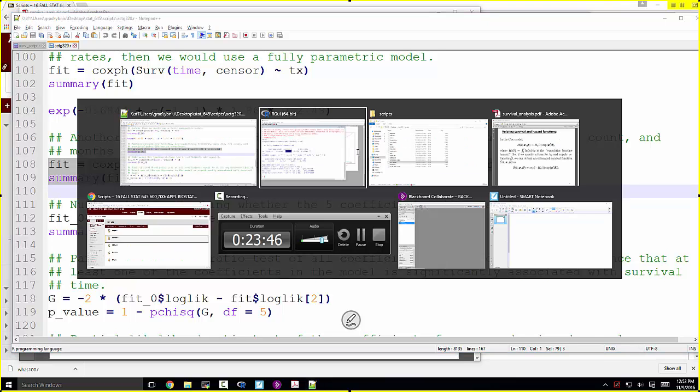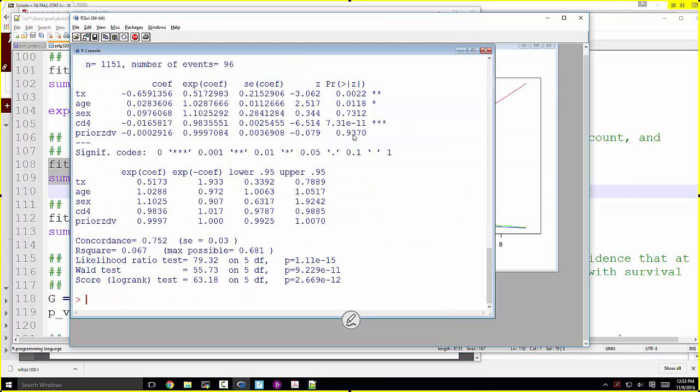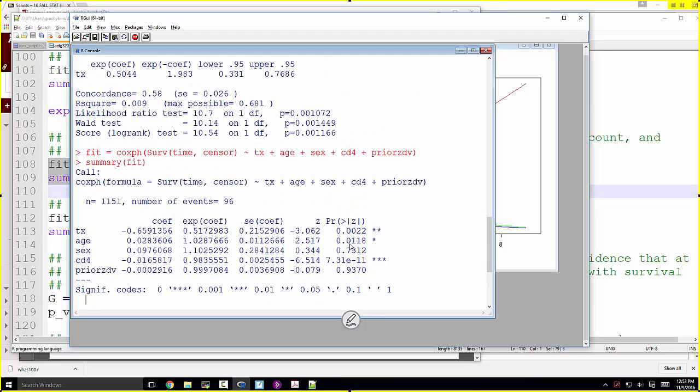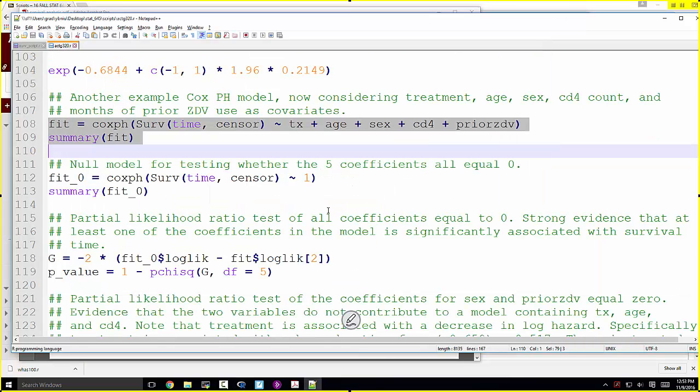So now we'll have usual multiple regression output. Now we have a coefficient for each of those covariates. These are then hazard ratios. We could get confidence intervals on the hazard ratios by exponentiating confidence intervals on the coefficients themselves. Okay.